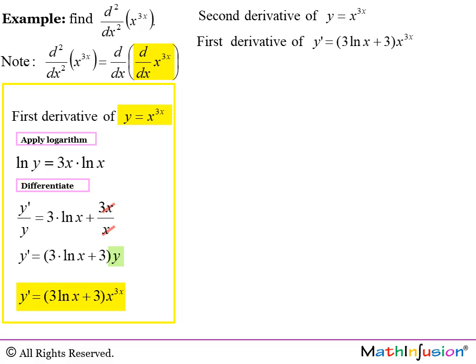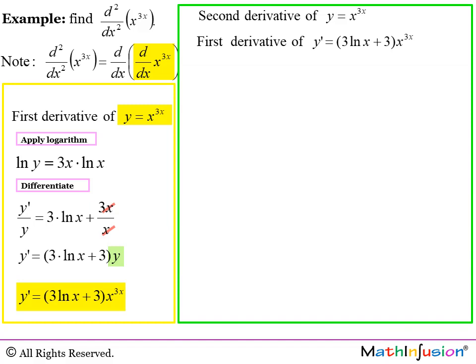Now we need to differentiate again the first derivative to get the second derivative. Again, because we have x to the power of 3x here, we have to use logarithmic differentiation again. So let's apply logarithm.